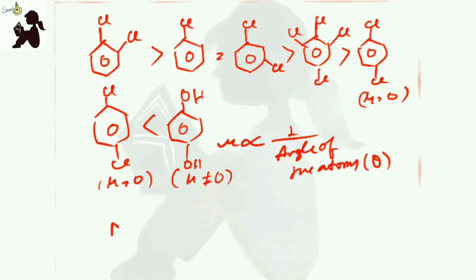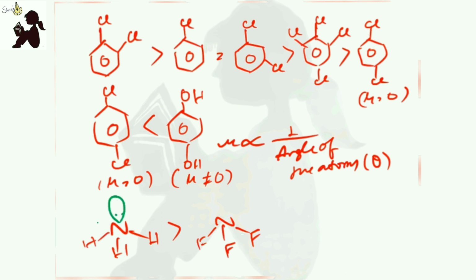Next is our NH3. Its dipole moment is greater than NF3. Why is that? We are going to understand it. It has a dipole moment like this. So N is more electronegative than H, we all know from the periodic table.